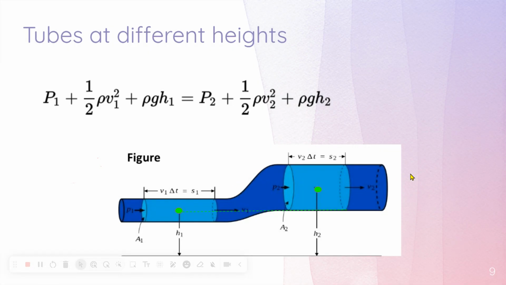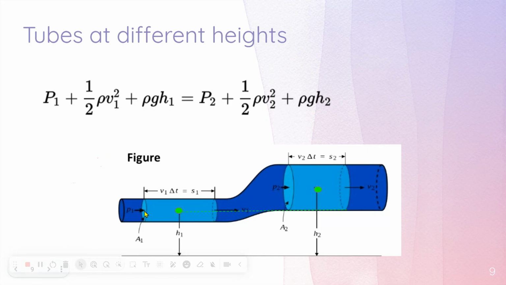If we add tubes at different heights, now we have to add in the extra piece of this puzzle. So we've got the pressure at 1 plus its energy due to velocity, water's flowing through this, right? And its gravitational potential due to height. So we can measure it off of the bottom, off of whatever you called ground.